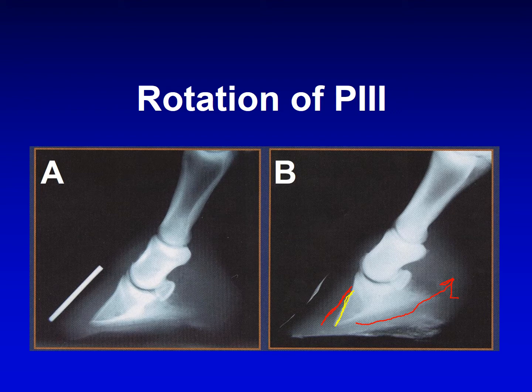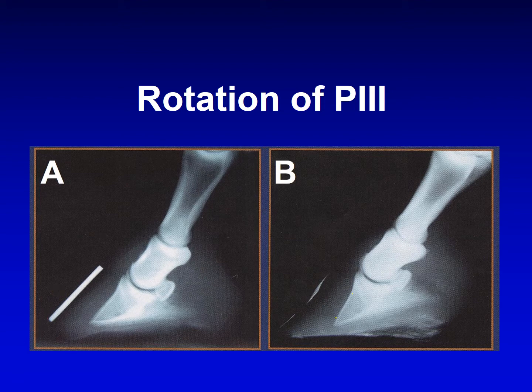So this angle right here is basically the angle of rotation. You can say it's 20 degrees, you can say it's a 25 degree angle, but this is called rotation. This is a diagnostic picture or radiograph of this disease.